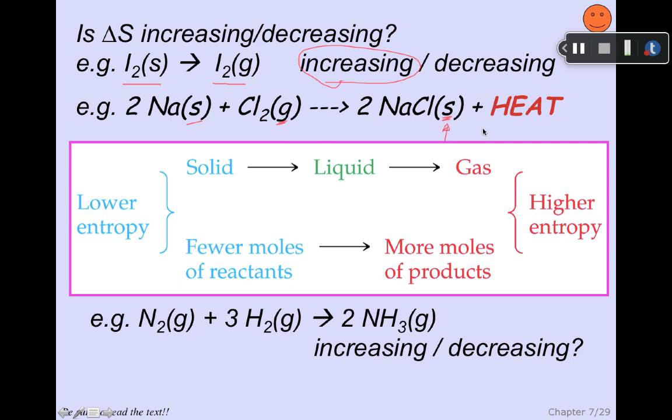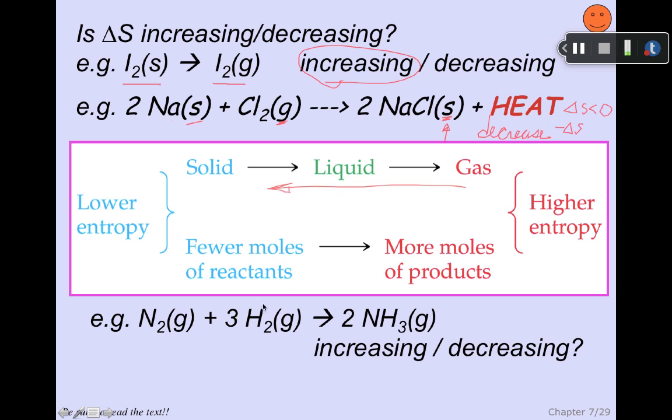So this one happens to be a decrease in entropy. The symbol for that is minus delta S, or a negative value for delta S. Delta S is less than 0. You don't have to factor in heat in this particular discussion to decide anything about entropy here. But if you're going from a solid and a gas to just a solid, in the general sense, you're going the other direction. You've decreased your entropy.